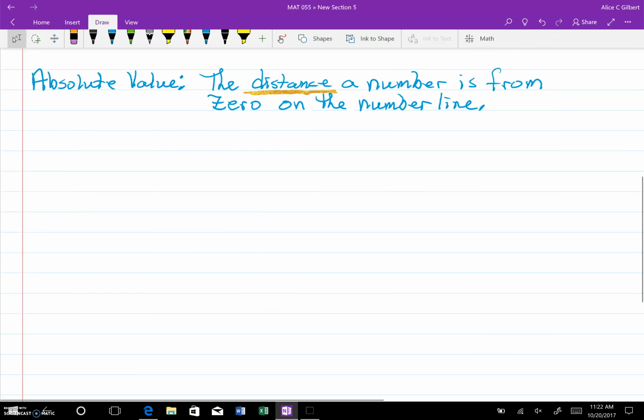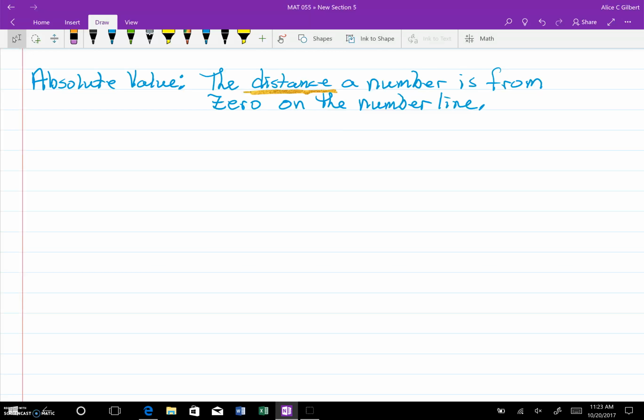Absolute value is the distance a number is from 0 on the number line. Distance is a very important word here, because think about it, can distance ever be negative? Well, the answer to that is no. You cannot have a negative distance.